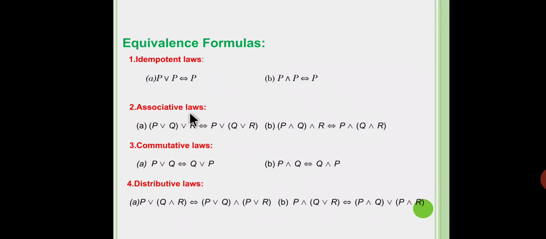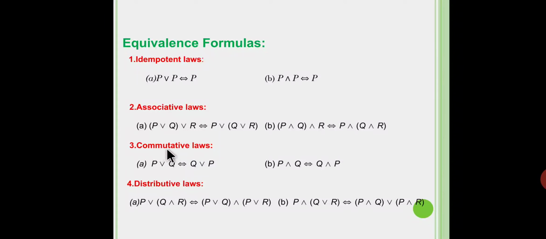Second one, the associative law. P or Q or R is equivalent to P or Q or R, grouped either way. Similarly, P and Q and R is equivalent to P and Q and R, grouped either way.